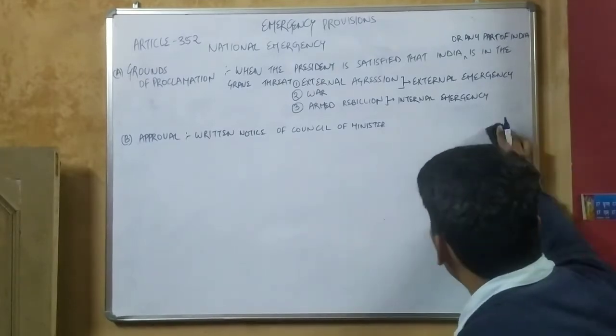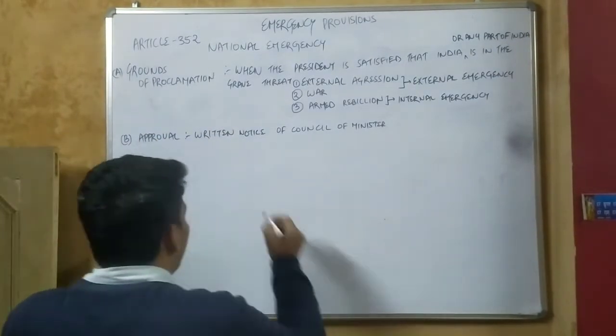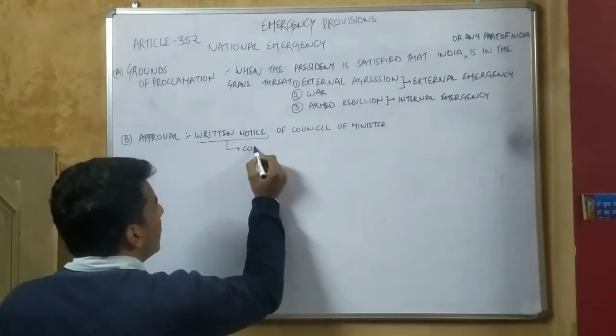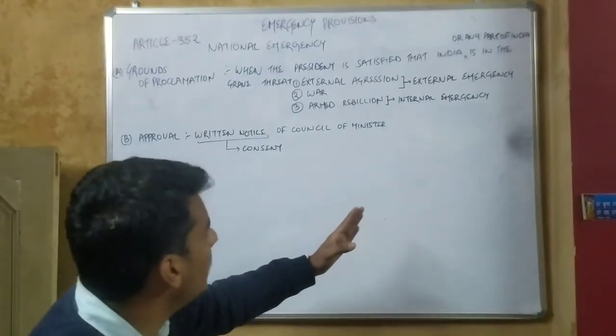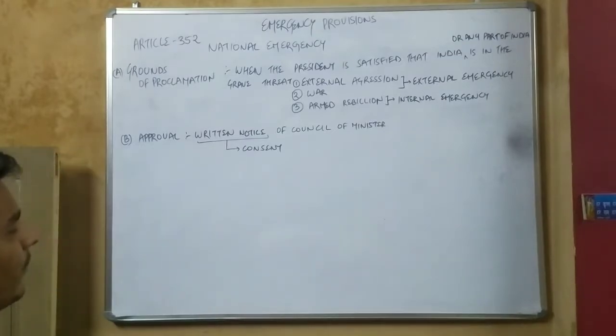Now, the next thing is the written notice of the Council of Minister. This notice is nothing but the consent of the Council of Minister. This consent is given to the President, stating that there is a grave threat and the President should proclaim the national emergency. All right.